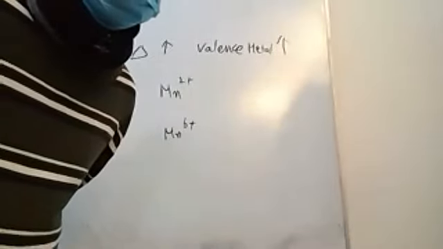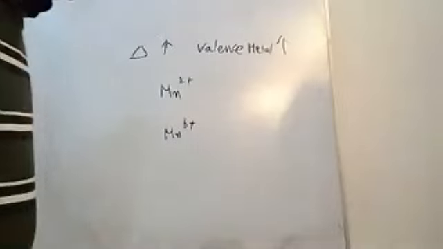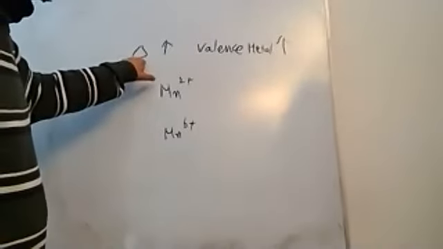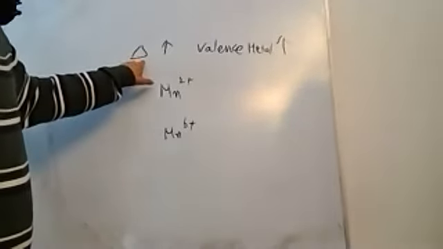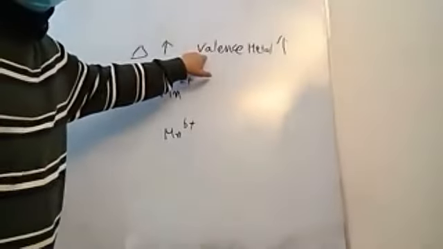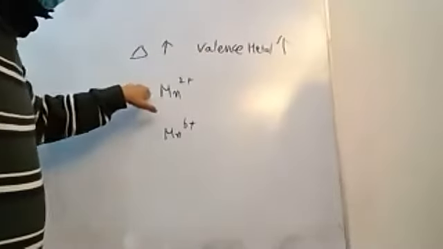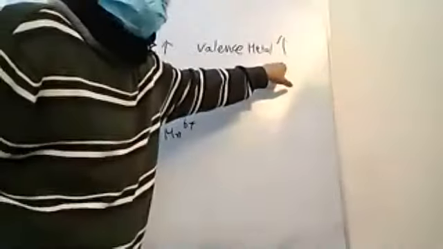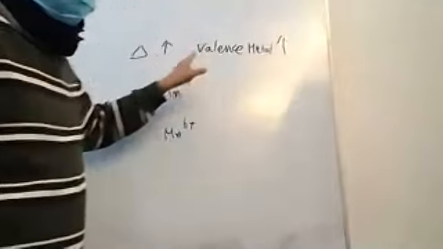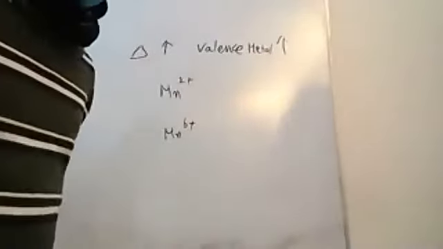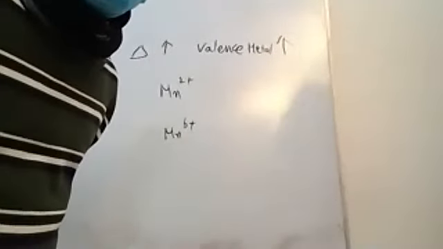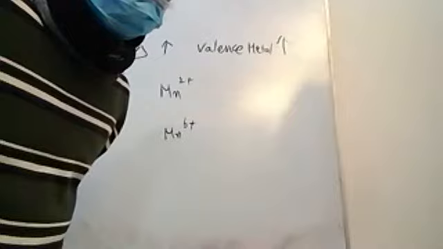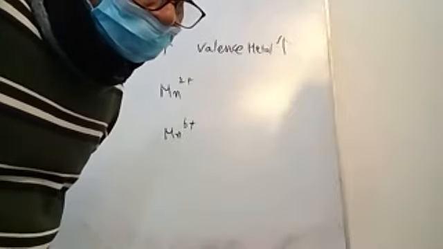The 6+. I said the stabilization energy or the crystal field energy increases with increasing valence. It goes proportional to the valence state. So the higher the valence, the more the crystal field stabilization energy. Am I clear?